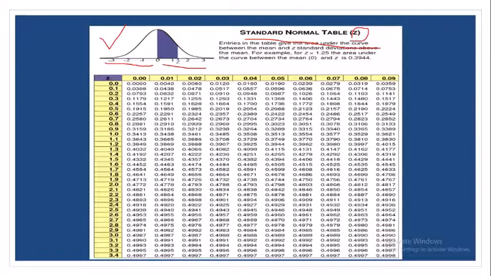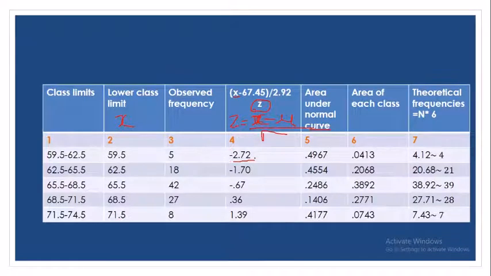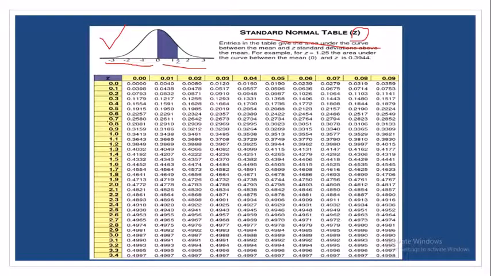For us the first value is minus 2.72, so I'm going to make this positive. I'm not considering the sign, so just take 2.72. Now let's see how to find the value for 2.72.